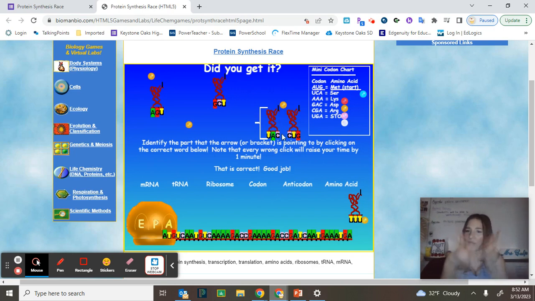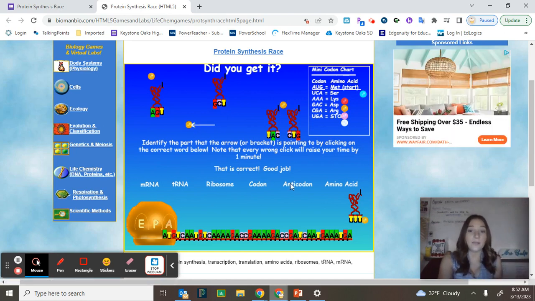This little molecule with the weird swirly thing at the top and an anticodon on it is called tRNA, or transfer RNA. 3 bases or 3 letters on tRNA is called an anticodon. And the tRNA is picking up these little circles in our animation, which are just amino acids, the building blocks of proteins.